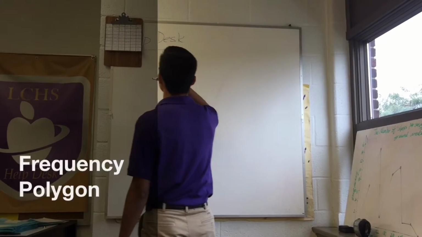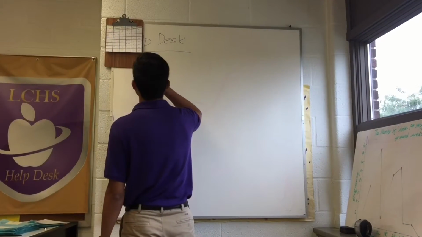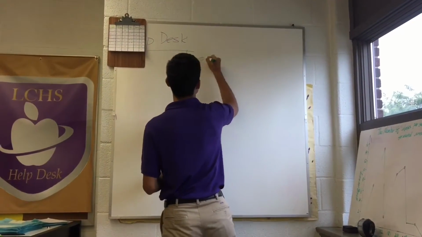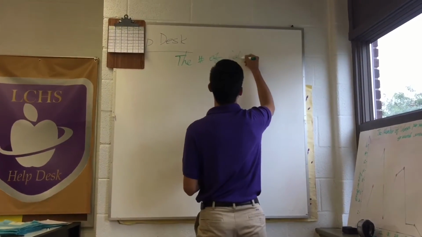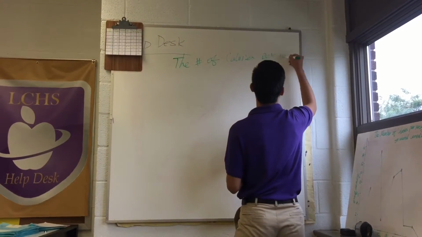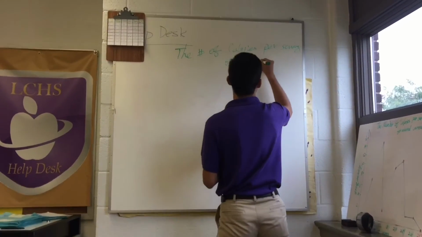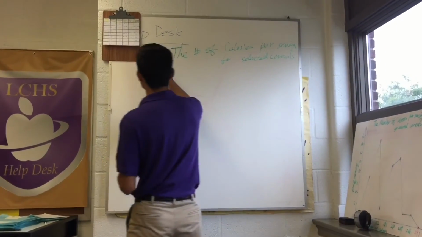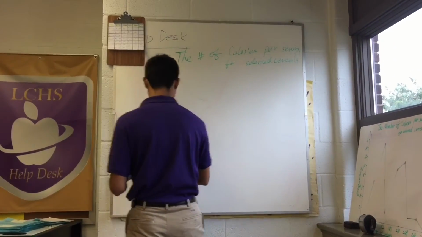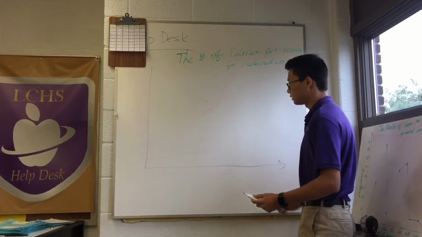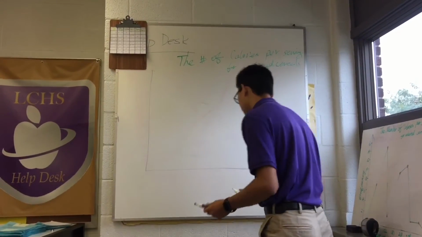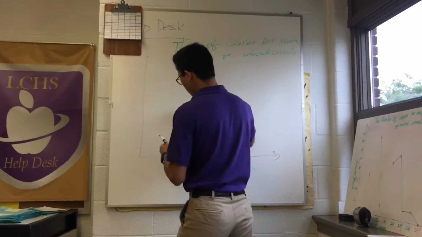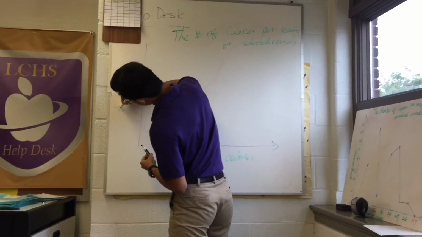And we're going to start with the frequency polygon. And start with writing the title. Then we're going to have our y-axis, which is the vertical, and x-axis, which is horizontal, and the x-axis should be our midpoints, and the vertical axis should be the frequency.